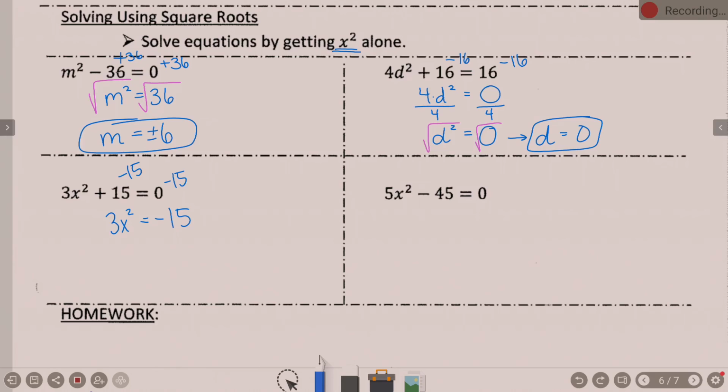Okay, then what? Divide by 3. Negative 15 divided by 3 is, more specifically, negative 5.